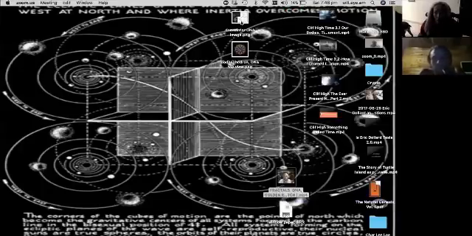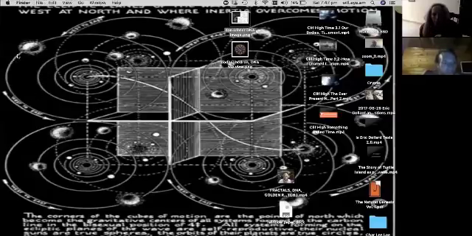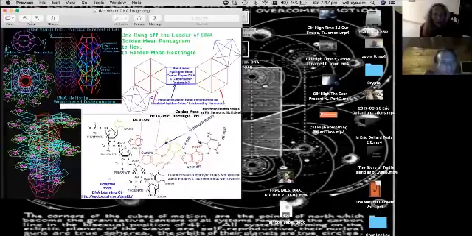Listening to the interview, he's talking about how the energy comes together and forms. This over here, if you can see my mouse, is a dodecahedron. This one is the vertical, looking down the tube, and this one is the side view.